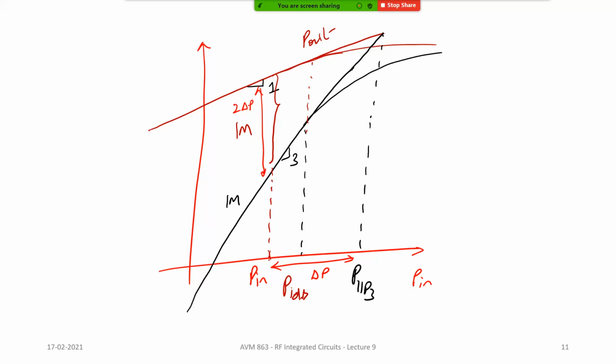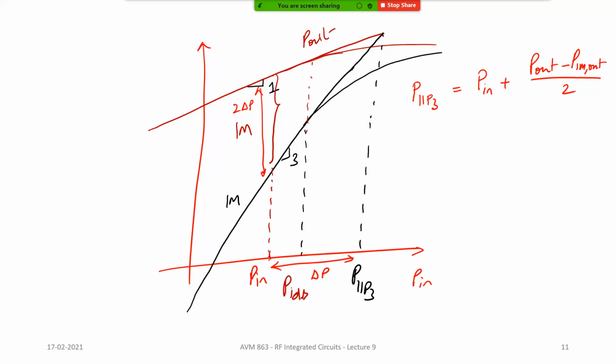We had derived this in one of the earlier classes. So this can be written as PIIP3 equals P in plus (P out minus P IM out) divided by 2.